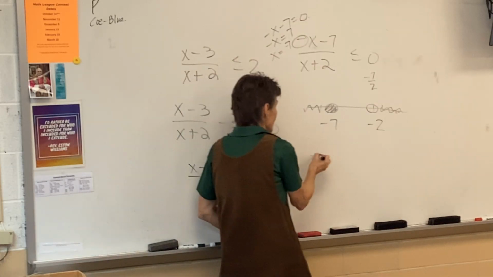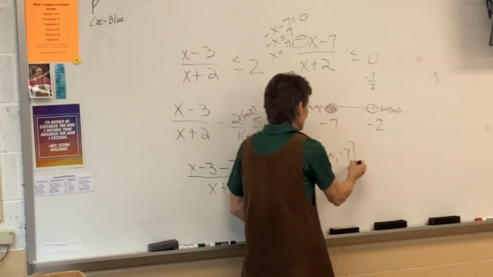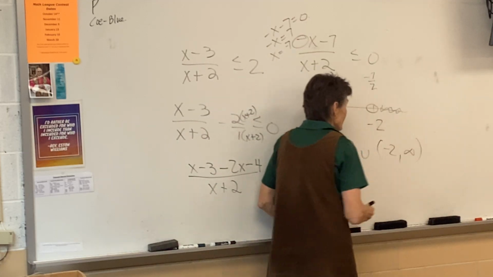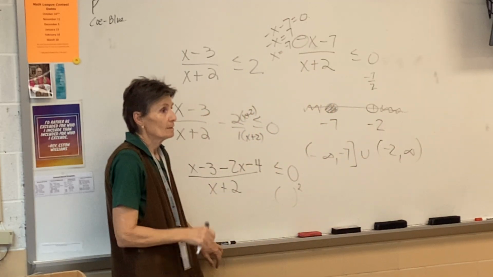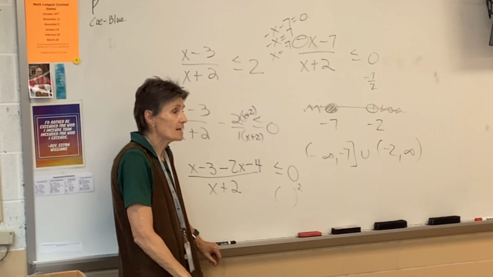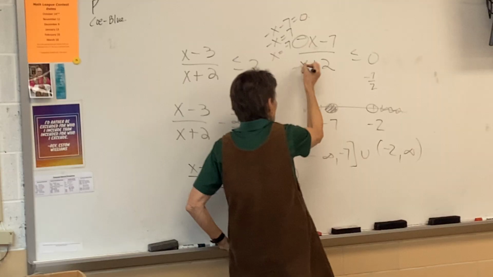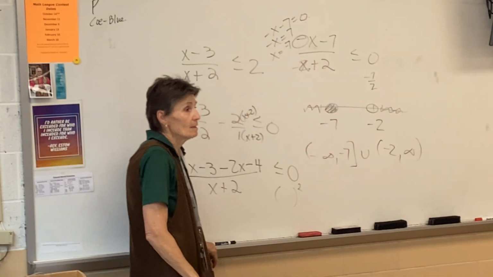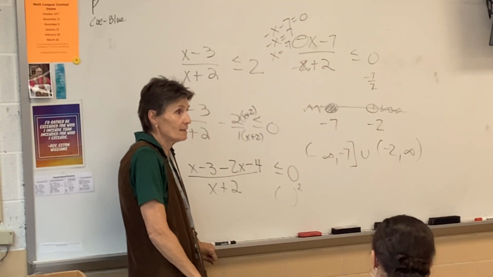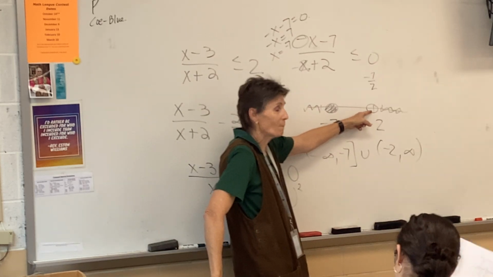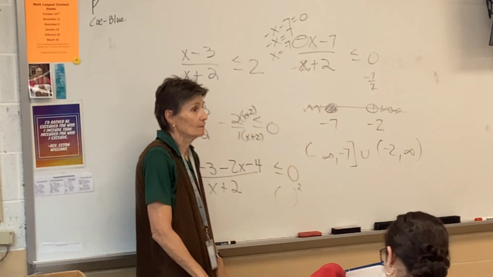So only the -7 is included. I don't get it, why? The denominator cannot be 0. If you put a -2 in here, the denominator would be 0. So you can't put -2 there. You have an open dot at -2.